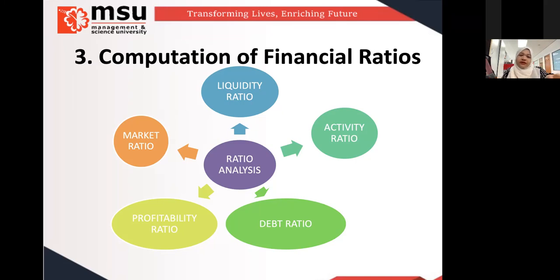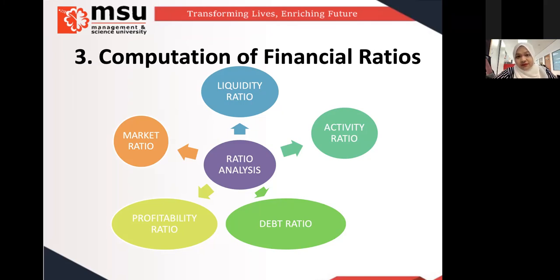Not only that, from the net income the company has, how much is contributed to the equity, to the shareholders? And from the total assets that the company has invested into the business, how much profit is it able to generate? This kind of analysis we will do by calculating financial ratios.